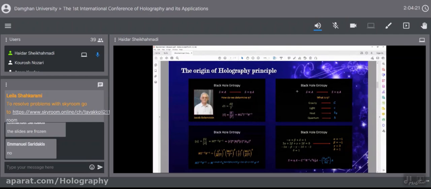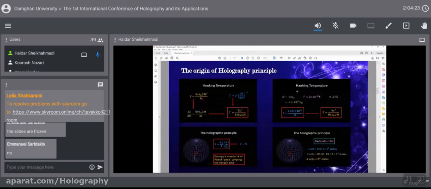And here I established a relationship between the temperature of the black hole and the entropy. And using these facts, I could establish a relationship between information theory and the entropy of the black hole based on the microstates inside the black hole.